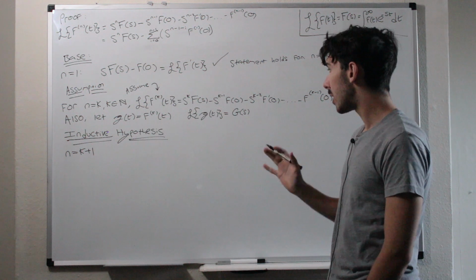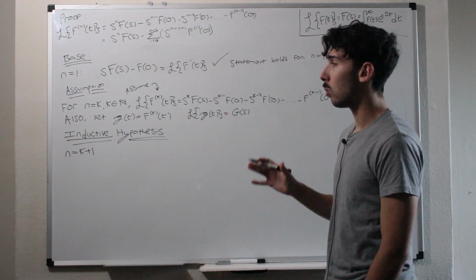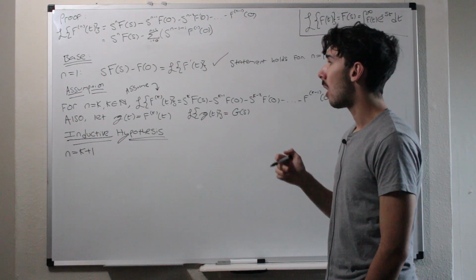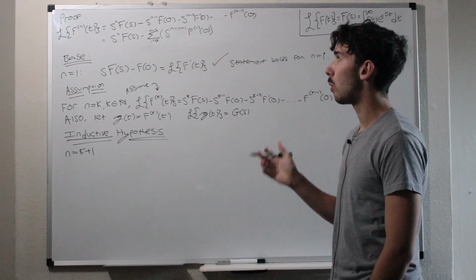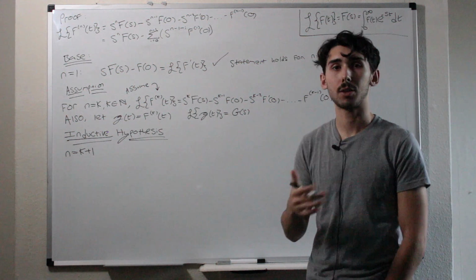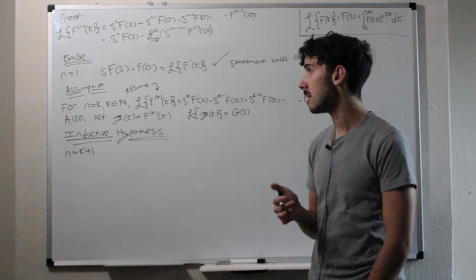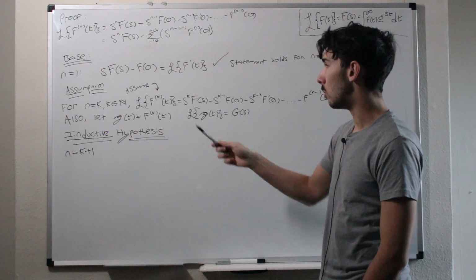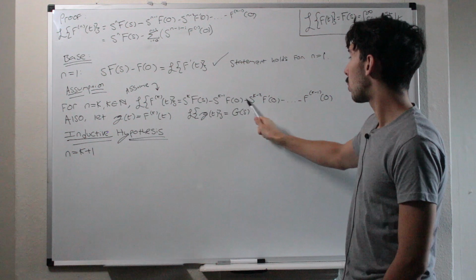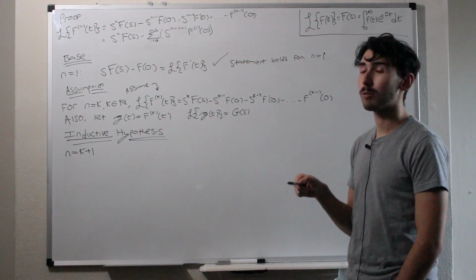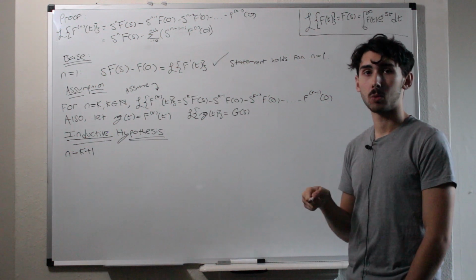But what we want to really do is show that when n is k plus 1, our formula for the Laplace transform of the k plus 1th derivative of f of t looks identical to our assumption, just with the k's being replaced now by k plus 1s.